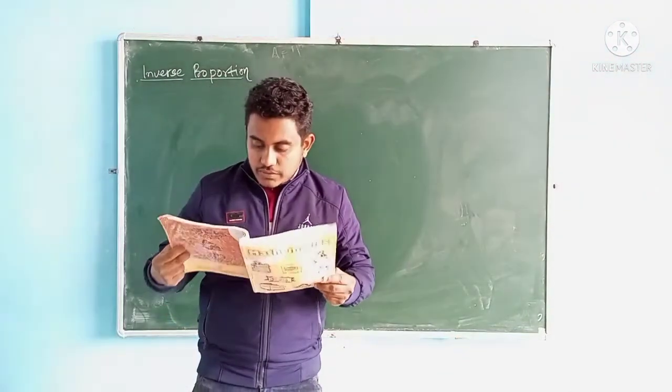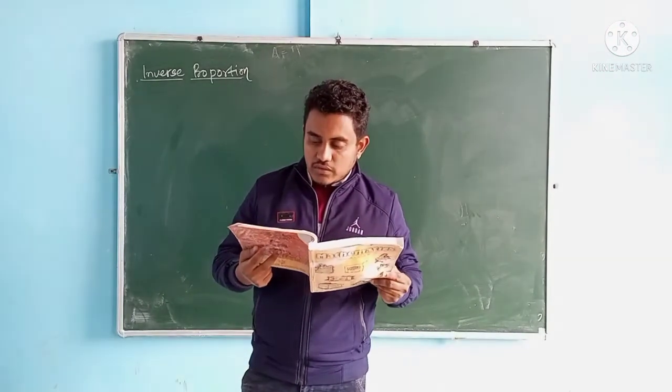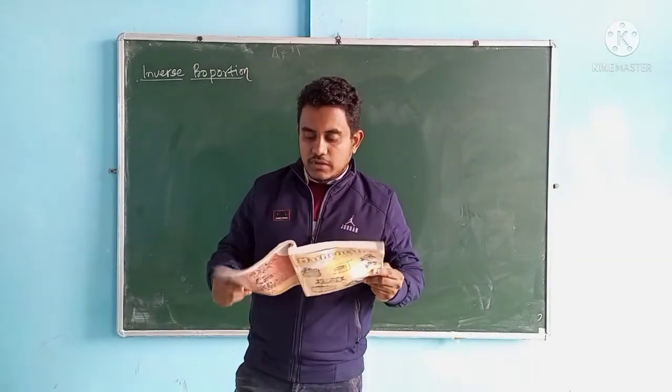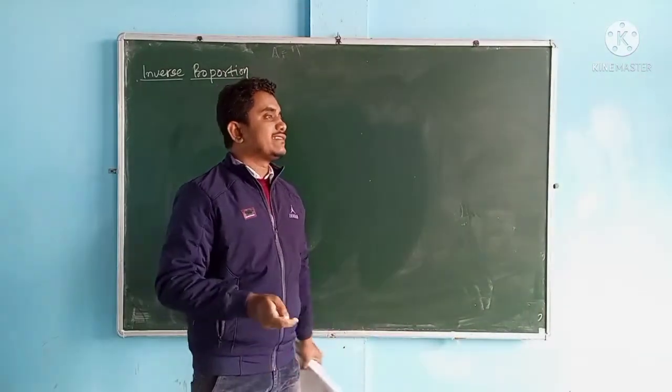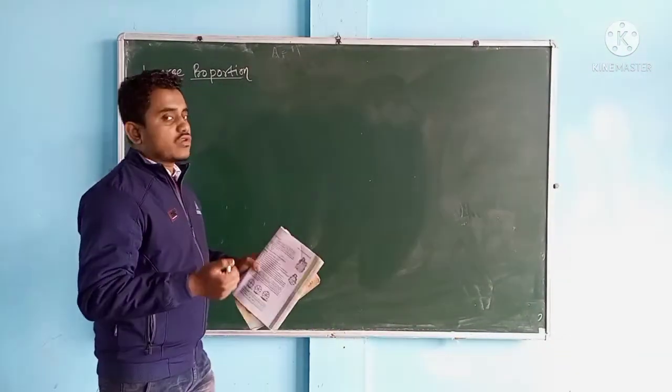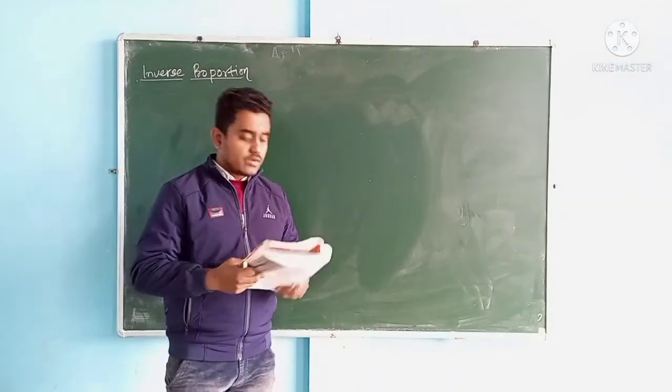Here the first question is: which of the following are in inverse proportion? The number of workers on a job and the time to complete the job. See here, as the number of workers increases, the time taken to complete the job decreases. So this one is in inverse proportion.